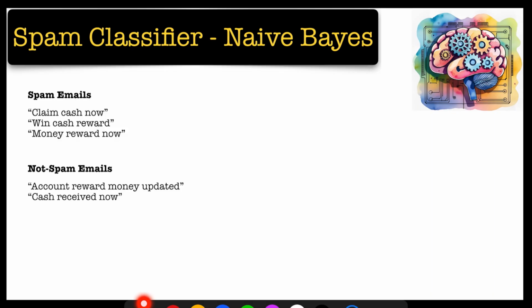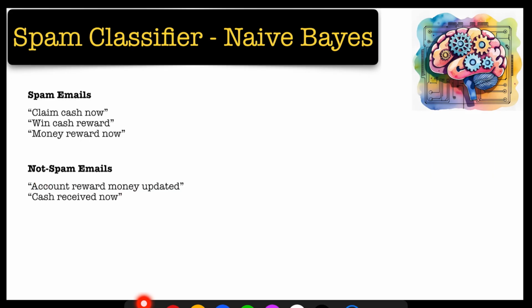Next, let's try to understand this with some examples. Let's say there are 3 spam emails. I have taken very small, minimal, simple emails for our calculations here. Claim cash now, win cash reward, money reward now. These are a few spam emails.